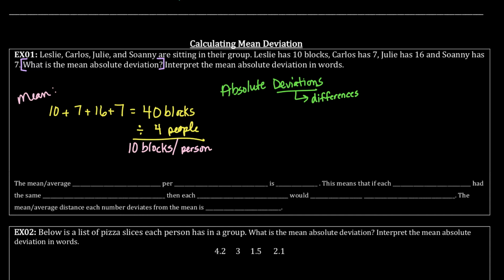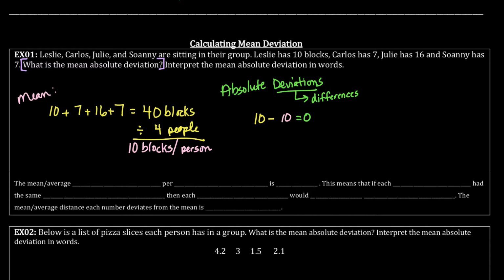So I'm going to take this 10, for instance. I want to figure out how different it is from the mean. So I'm going to take away the mean, which is 10, and I get 0 because it's not different. This number is not different from the mean.